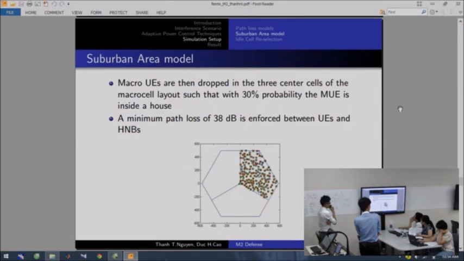Is there a percent probability for the user to be inside the house? Yeah. Why did you choose this value? You can change it.